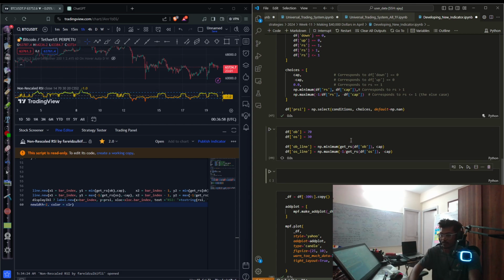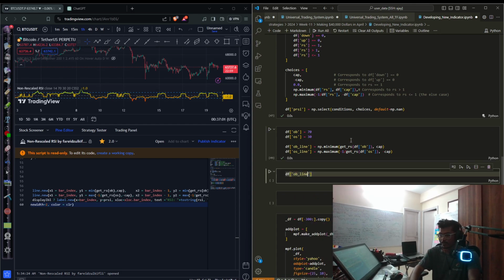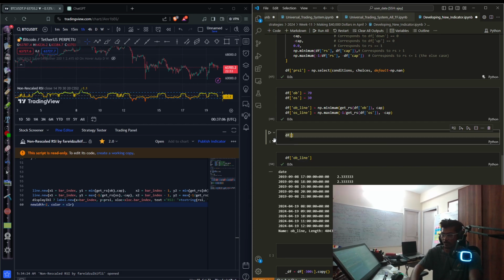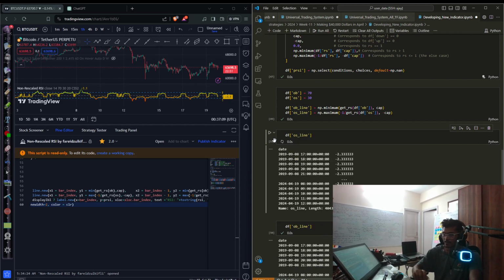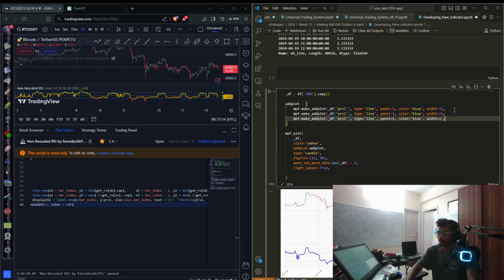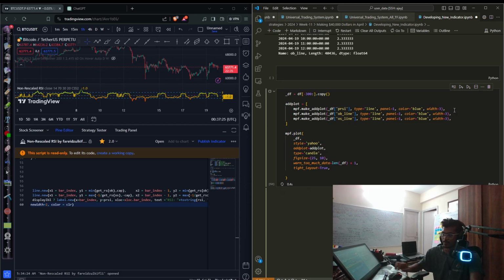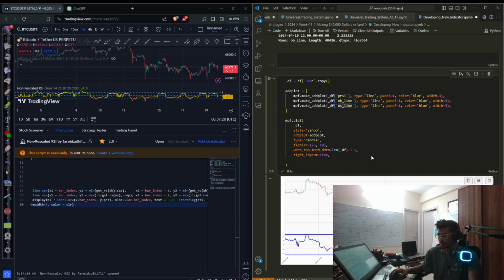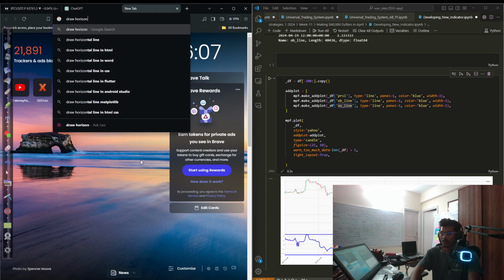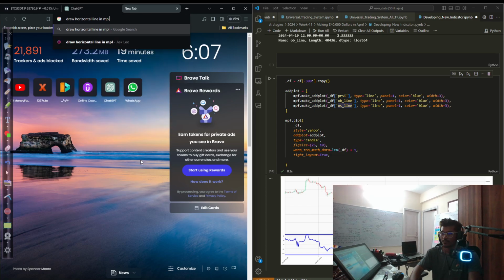Yep. So let's see what we got. Overbought line, this. See, the oversold line is this. So let's plot that. Overbought line, panel 1, color this, and oversold line. Draw horizontal line in MPL Finance.